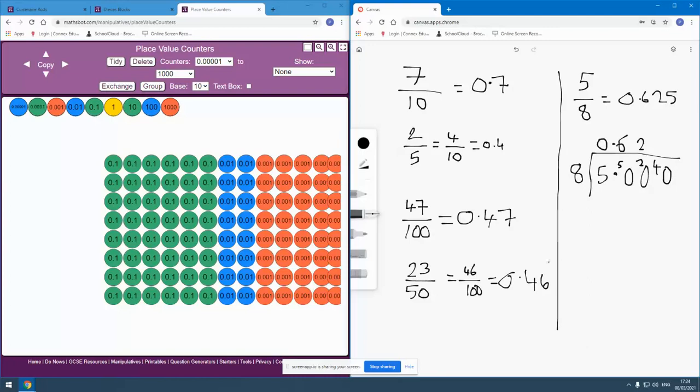And then that meant I could put exactly 5 of my thousandths into each share. And so I ended up with 6 tenths, 2 hundredths, and 5 thousandths in each share.